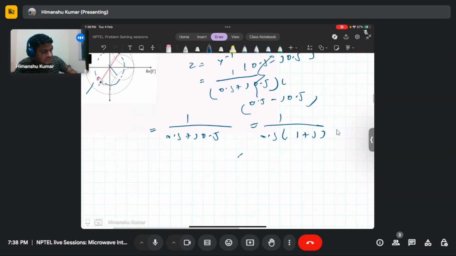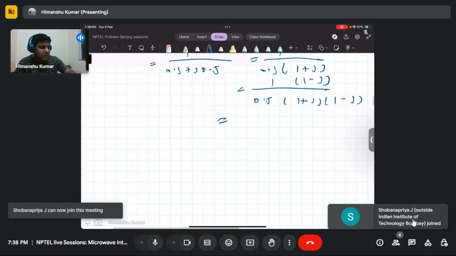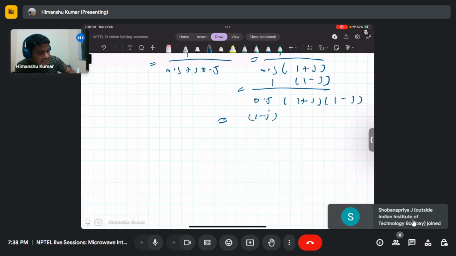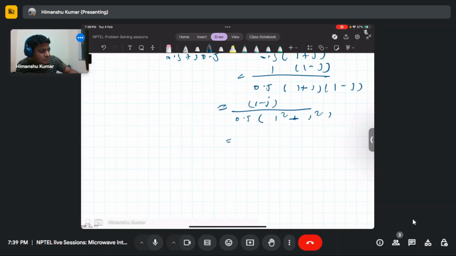Multiply by the complex conjugate, 1 minus j over 1 minus j. The numerator is 1 minus j, and the denominator is 0.5 times (1 squared minus j squared). Since j squared is minus 1, this term becomes 2.